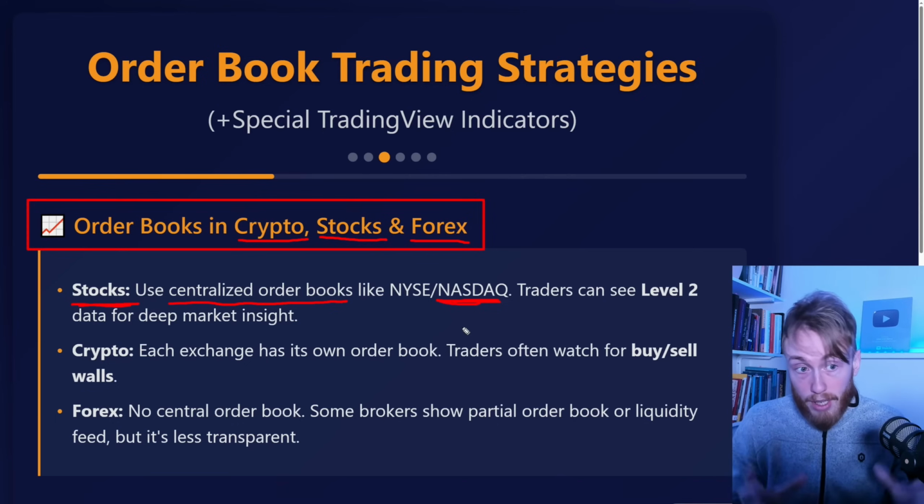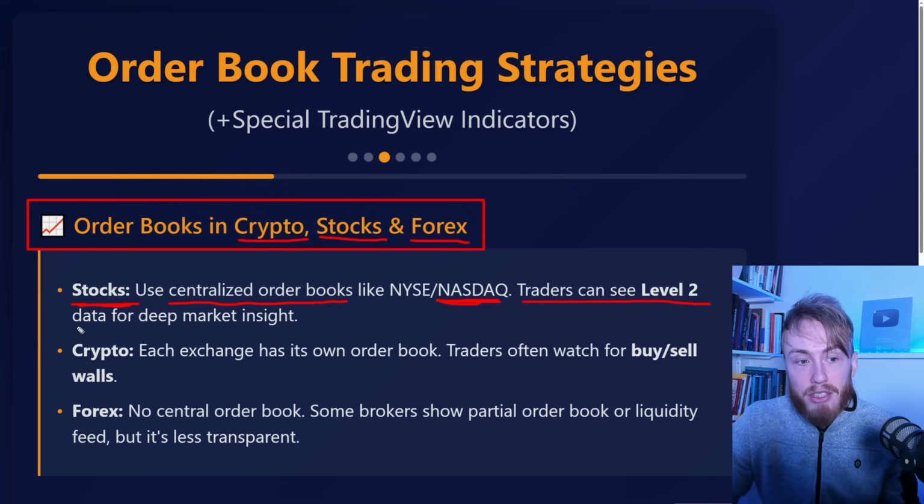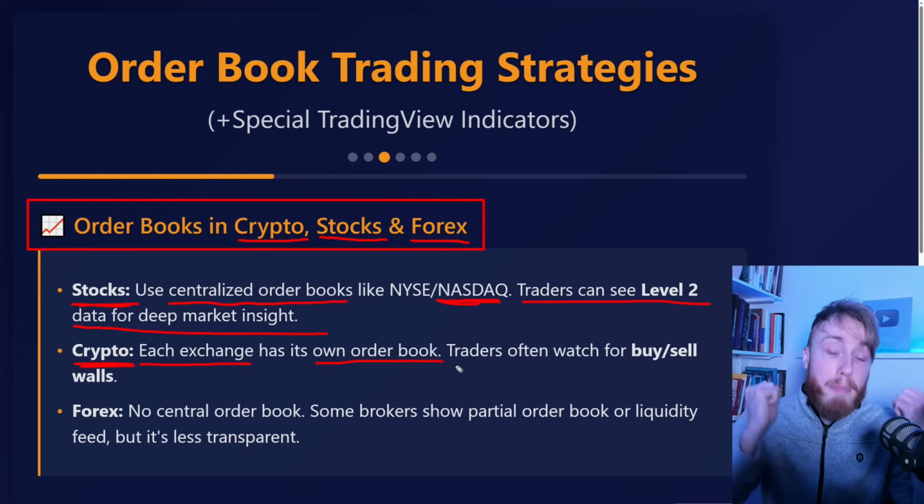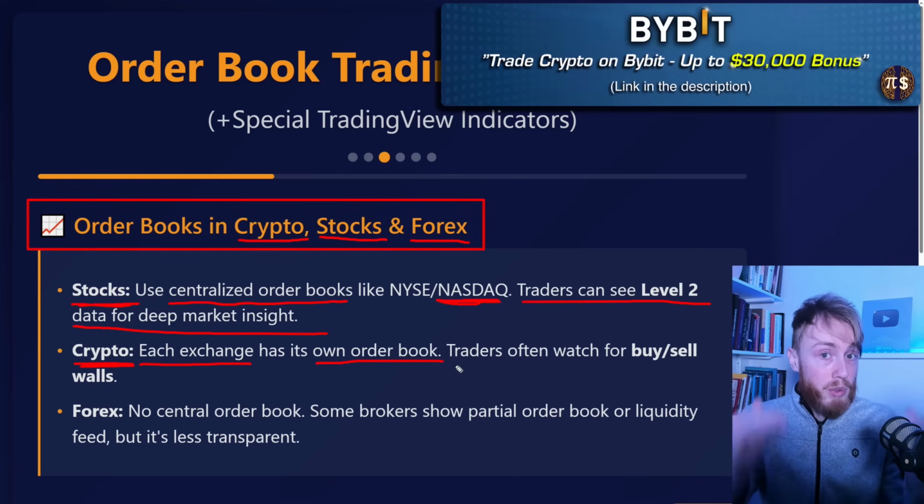For stock markets, it's basically the exchanges that have these order books, and traders can see level 2 data for deep market insights. When it comes to crypto, it's actually each exchange that has its own order book. Remember earlier when we talked about Bybit, the order book we saw was only the order book for Bybit.